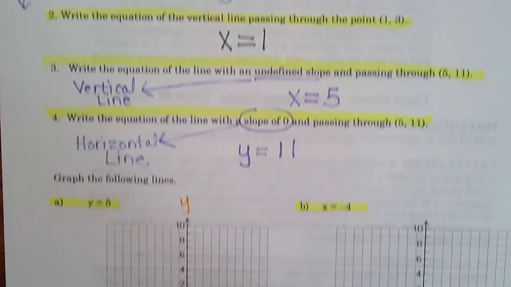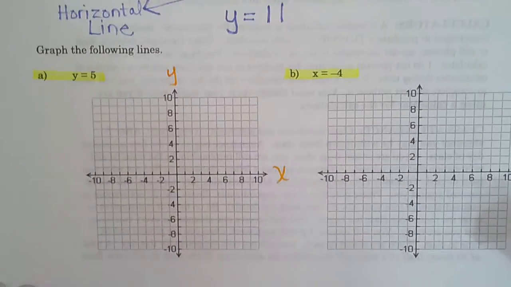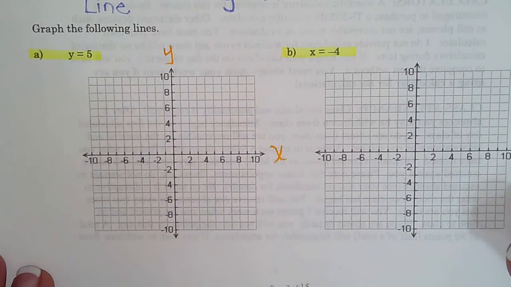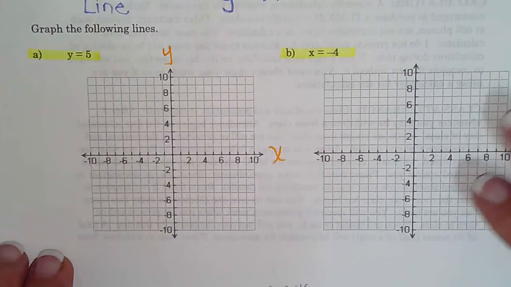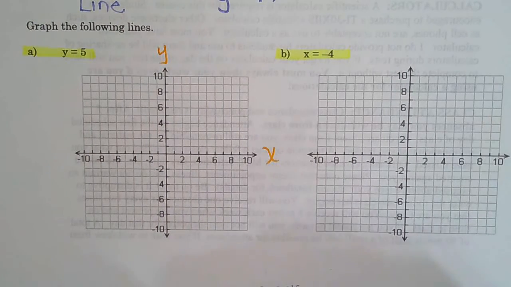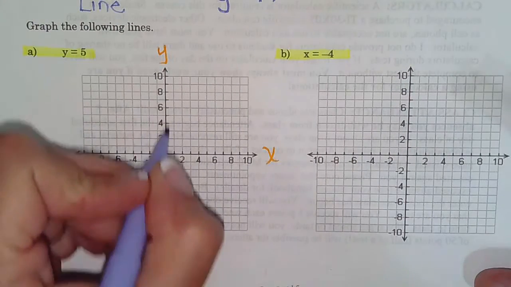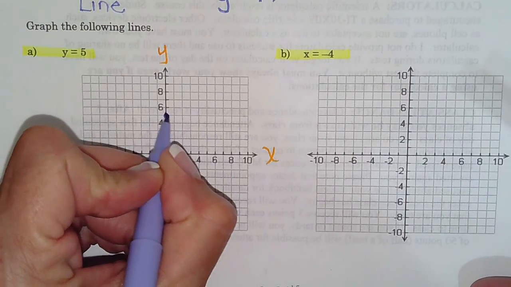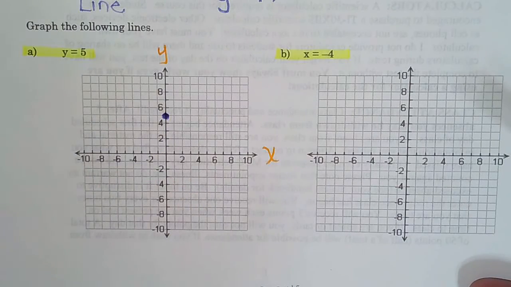So let's look at these graphs. So y equals 5 means it only goes through the y-axis. And it goes through at 5, so I can put my first dot. And remember, Alex wants more dots. It doesn't want just one.